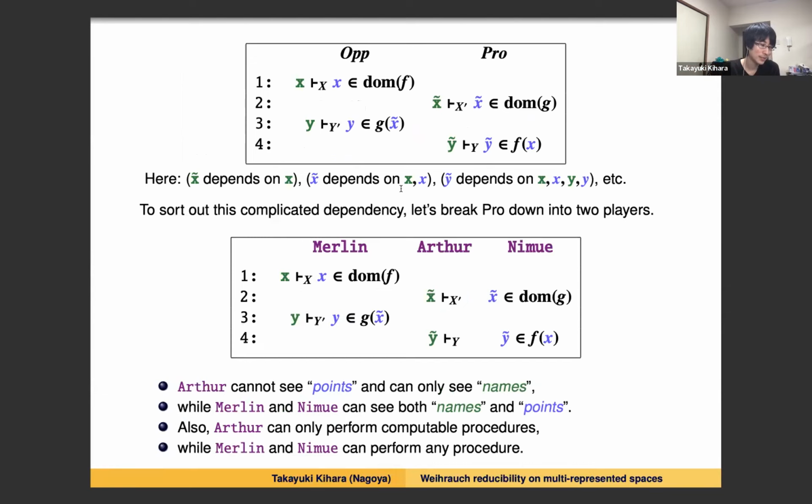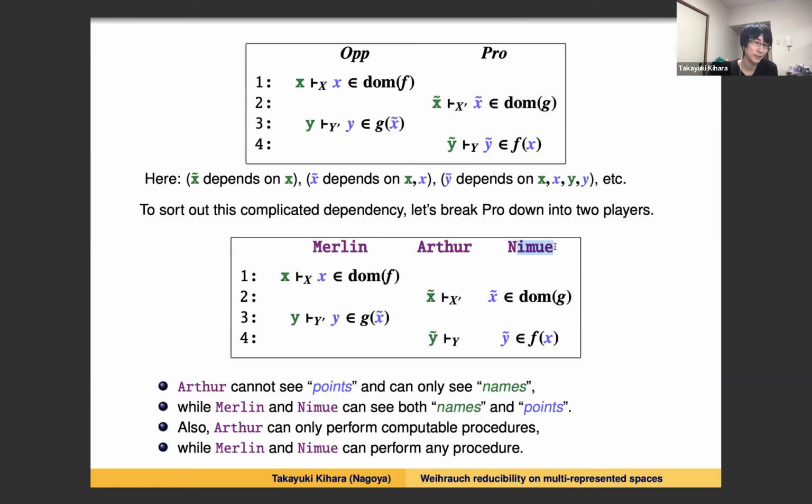So to make the dependencies easier to understand, let's decompose a proponent into two players. Here, the opponent is named Mari, and proponent is decomposed into two players, Asa and Nimue. The names Mari and Asa come from the Mari-Asa protocol in computational complexity theory.